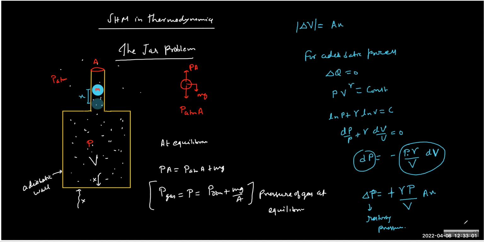Yes. The rest is just laws of motion which we have to write, and we are done with the answer. Delta P into A, which is the force, equals mass of the pebble into acceleration, and we put the minus sign because the direction of acceleration is opposite to the displacement.